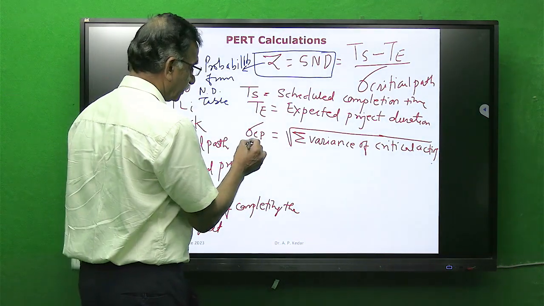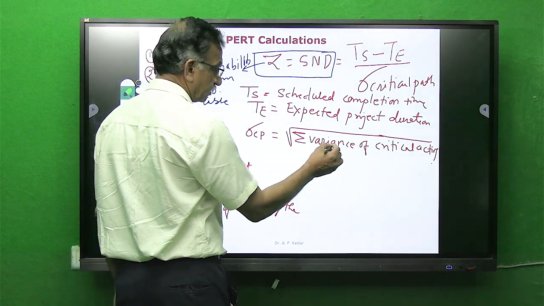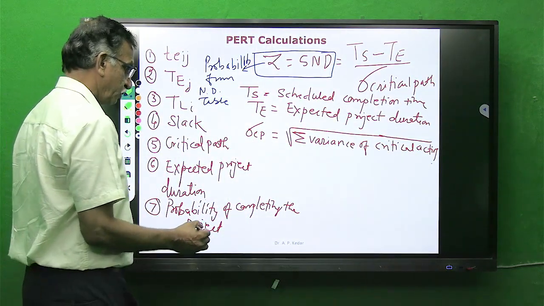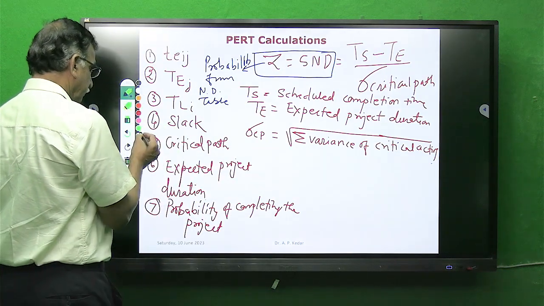Now important is sigma critical path is sum of variance of critical activity. So how to find this variance?